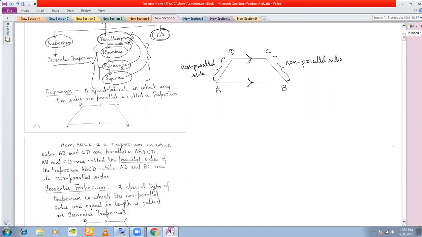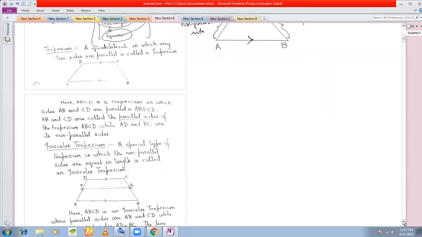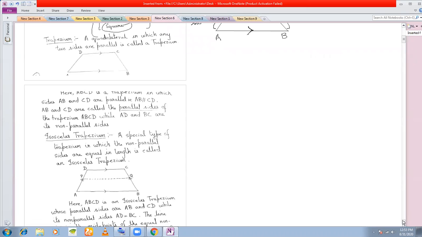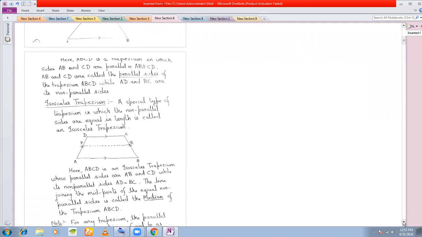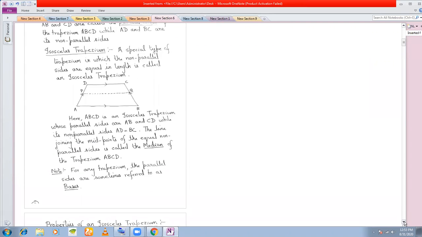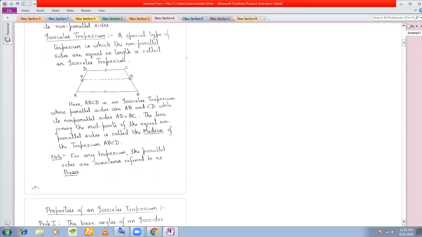There is nothing much to mention about the trapezium. Just remember, a quadrilateral in which any two sides are parallel is called a trapezium, with two parallel sides and two non-parallel sides. The special kind of trapezium, the isosceles trapezium, has a property. An isosceles trapezium is a trapezium in which the non-parallel sides are equal.